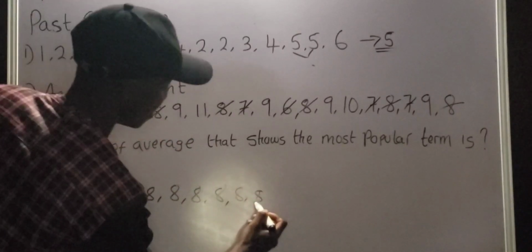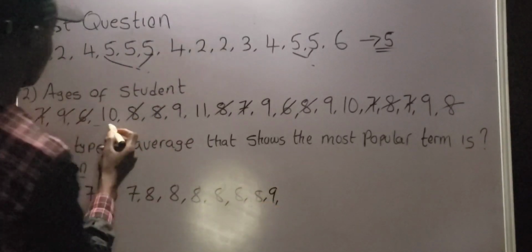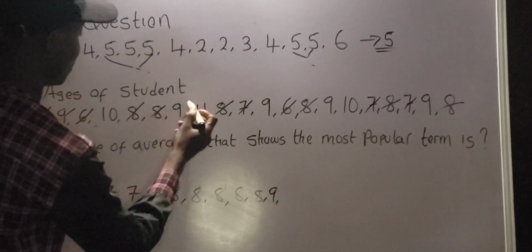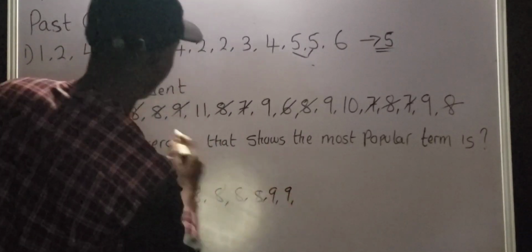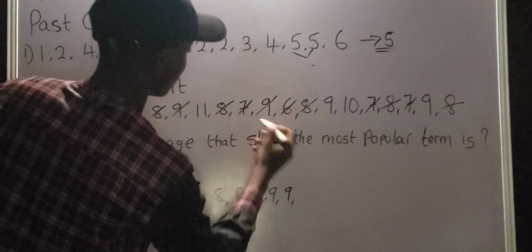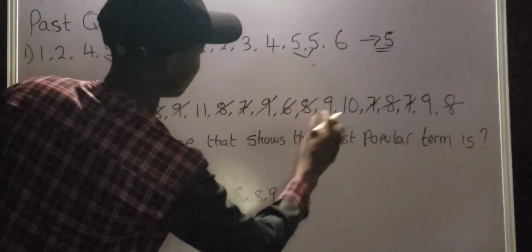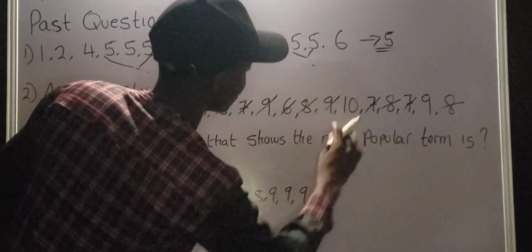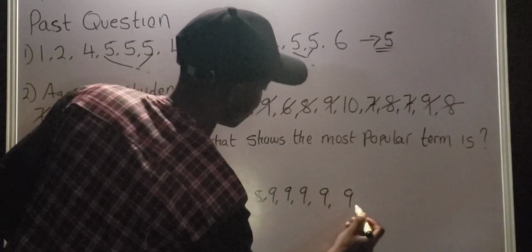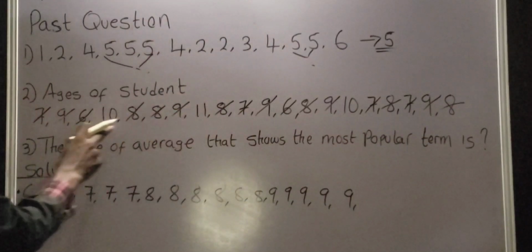So I have one 9 here, 9, 9, it's also 9, this one also 9, this 9, 9. You understand?